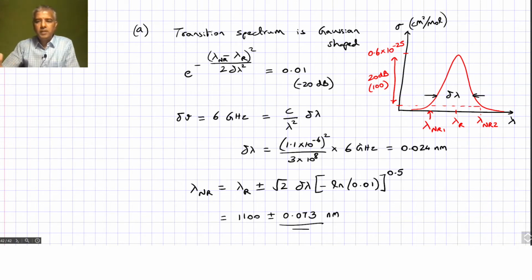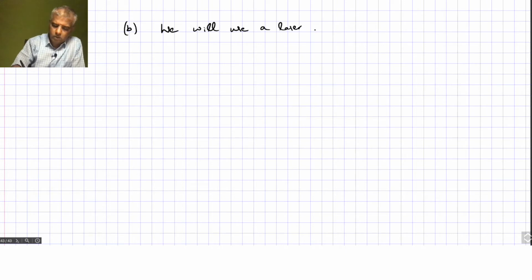So, you need a laser whose line width is much less than 6 gigahertz. So, let us look at the B part. We will use a laser whose line width is far less than 6 gigahertz.